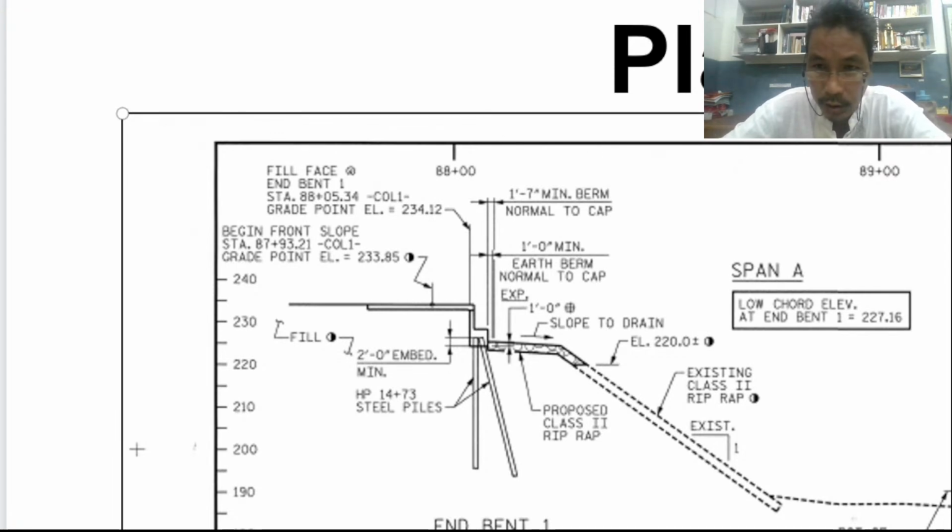So that's why we need to be precise when we are doing bridges and roads and infrastructure, rather than, for example, a building. We don't even need the geodetic engineer.